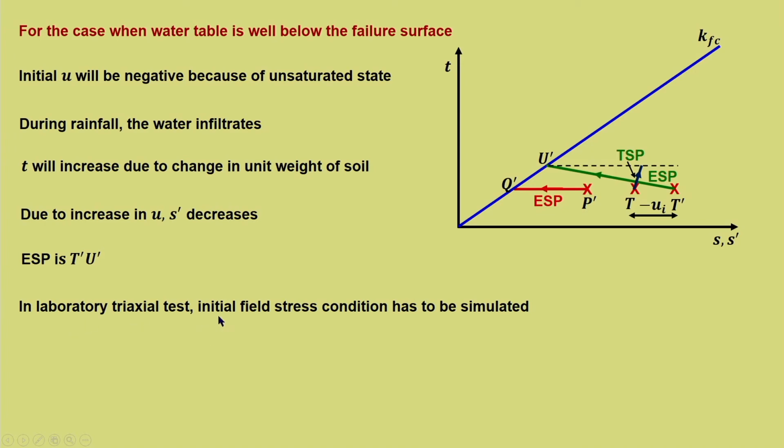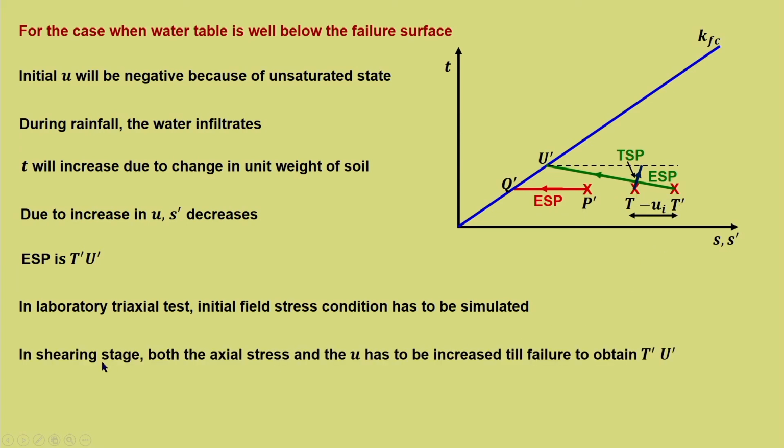In laboratory triaxial test, initial field stress condition has to be simulated, which means to say it is T and T dash. In shearing stage, how to simulate this particular condition? In shearing stage, we also need to increase the axial stress as well as we need to increase the pore water pressure.